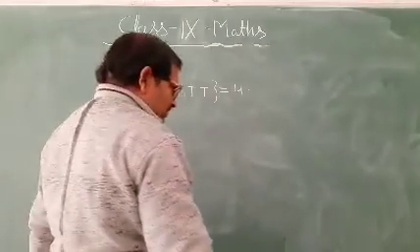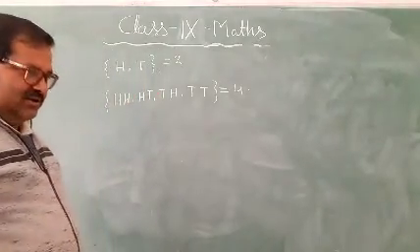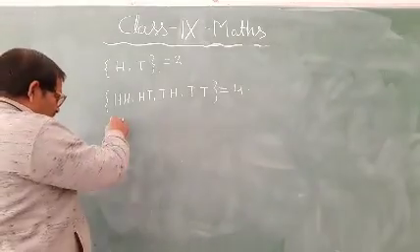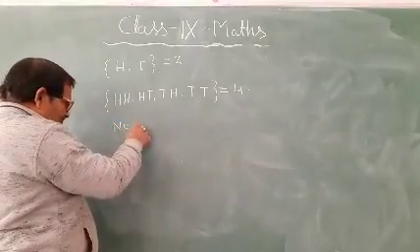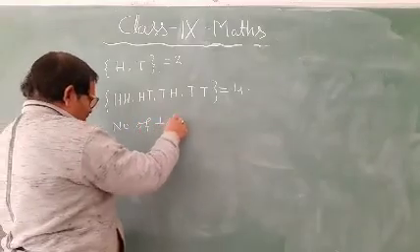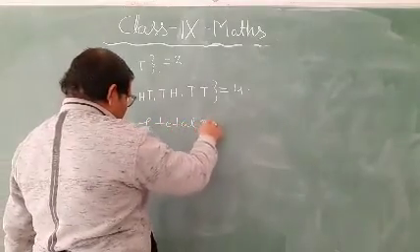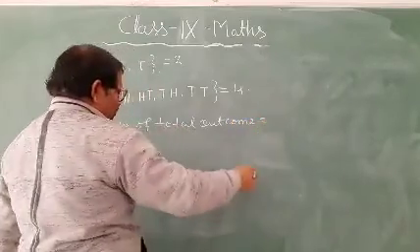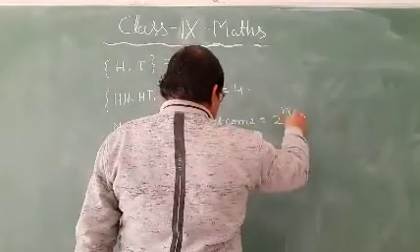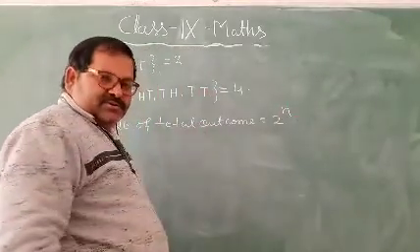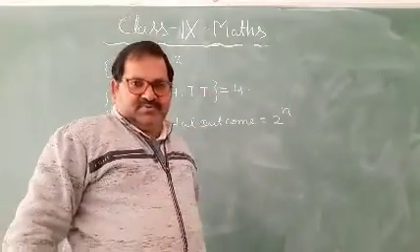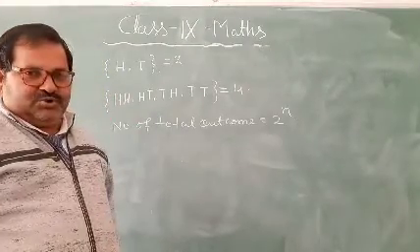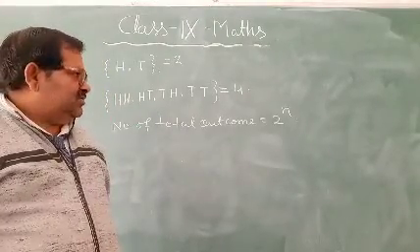Now, the number of coins is given, so the number of total outcomes is equal to 2 power n.